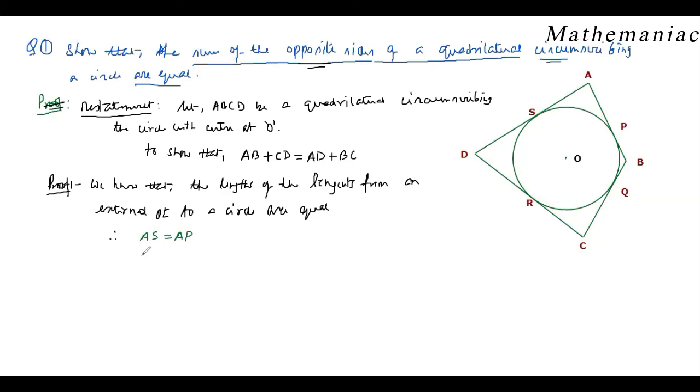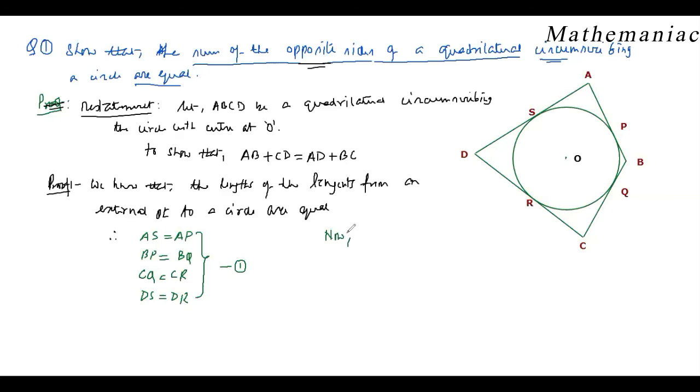Similarly, from B, BP equal to BQ. Then from C, CQ equal to CR. And at last, DS equal to DR. So mark all these equations together as 1. These are the conclusions we got by using the second theorem. Now we are going for the final answer.